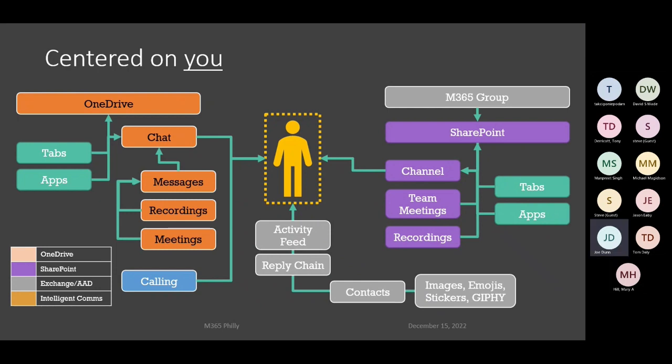Then there are other things that are brought in through the connection with Exchange and Active Directory. Things like your activity feed, what you've replied to or someone else has replied to you, your contacts, the chats you pin, they're all stored in Exchange, including any images or GIFs or stickers that you share.